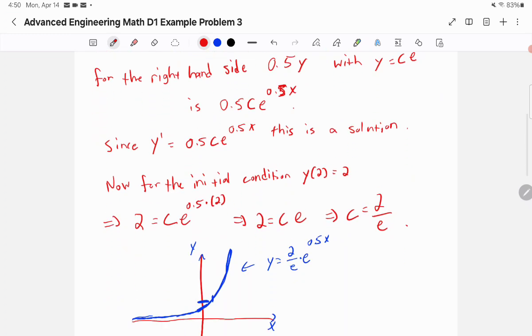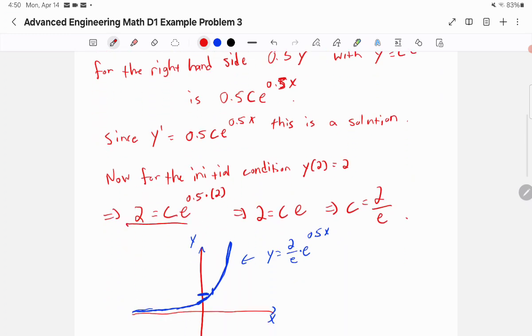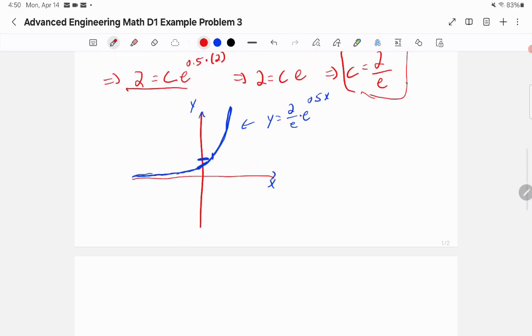And that's what we're going to do down here. 2 is equal to c times e to the 0.5 times 2. 0.5 times 2 is obviously 1, so that's just c times e. So I have 2 is equal to c times e, and this means that c is equal to 2 divided by e.